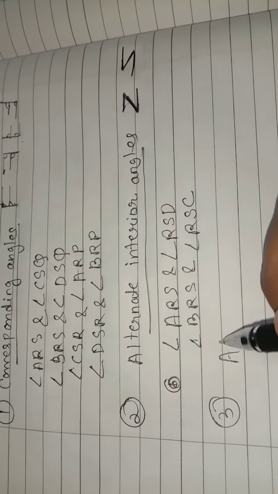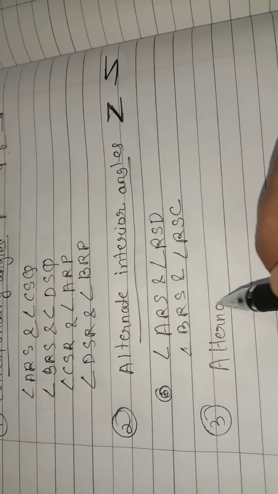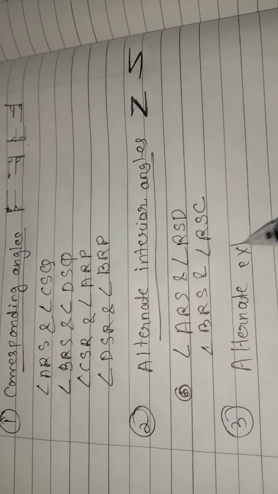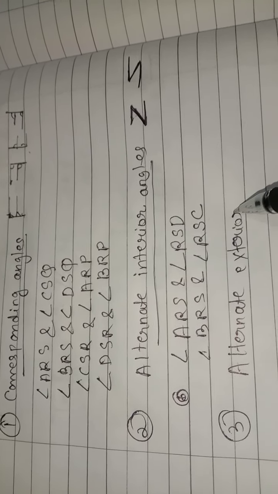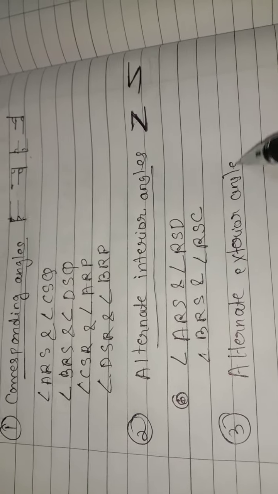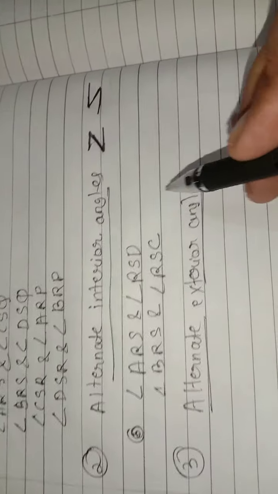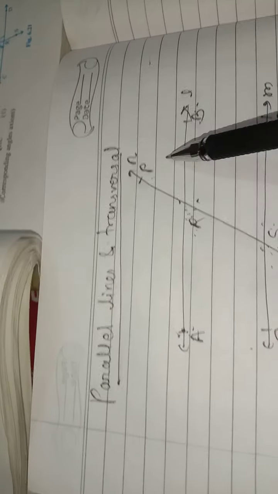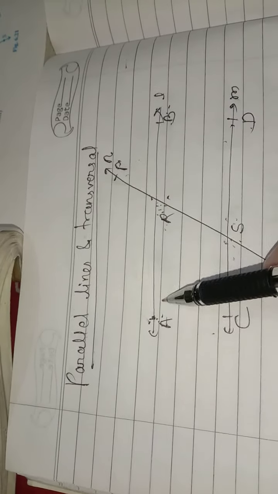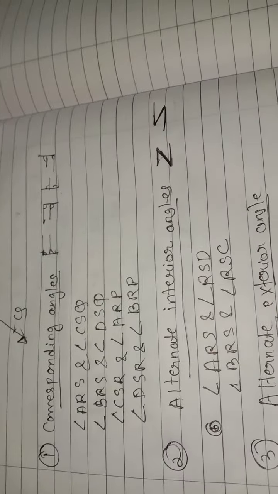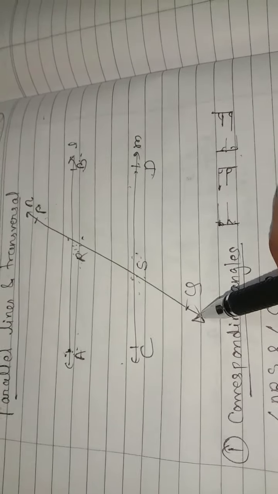Let's write now the third pair, alternate exterior angles. Alternate exterior angle, you can see the upper face angle PRA. So write here angle PRA and angle DSQ.